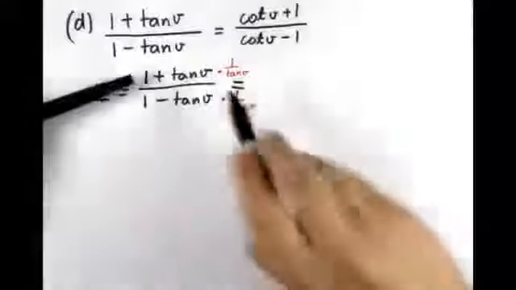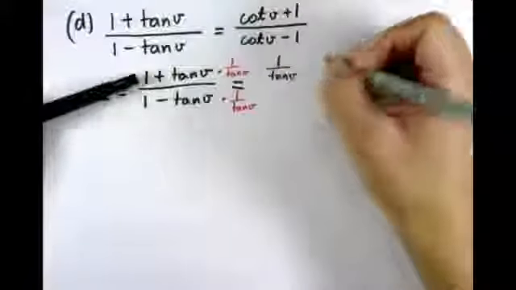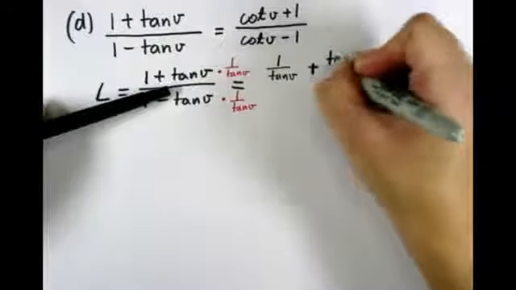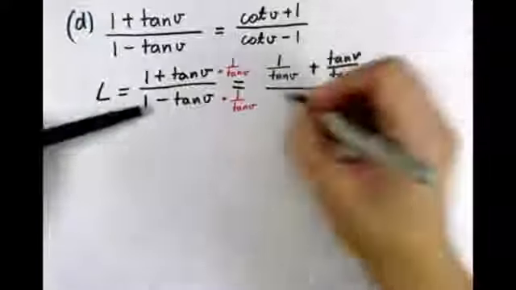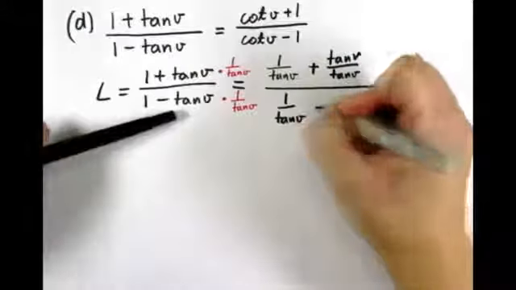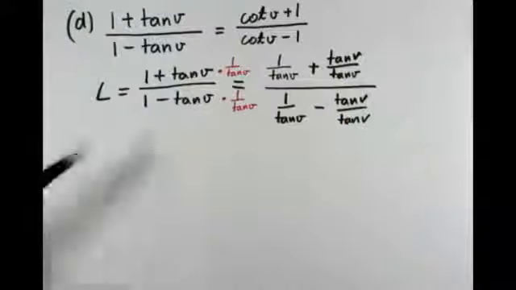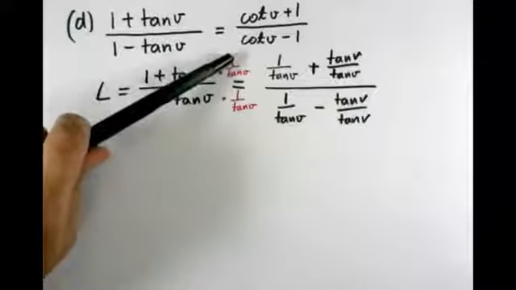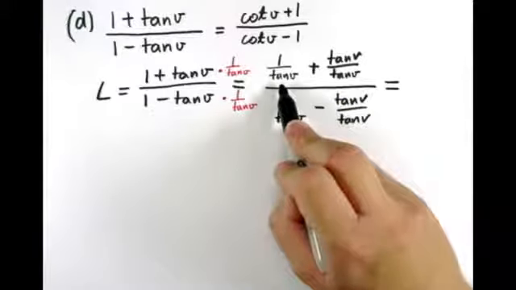So we have 1 times 1 over tangent gives me 1 over tangent, plus tangent V times 1 over tangent, so this one is tangent V over tangent V. And then over, we have 1 times 1 over tangent, so this gives me 1 over tangent, and then minus tangent V over tangent V. Basically what I did, I divided each and every term by tangent V. It's equivalent to multiplying by 1 over tangent V. And then I'm using that 1 over tangent is nothing else but cotangent.